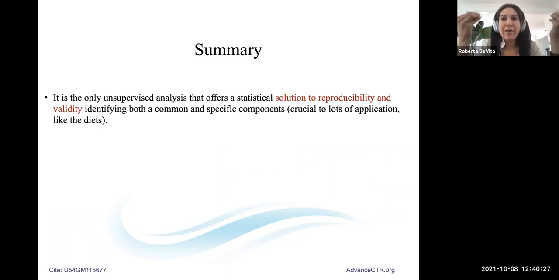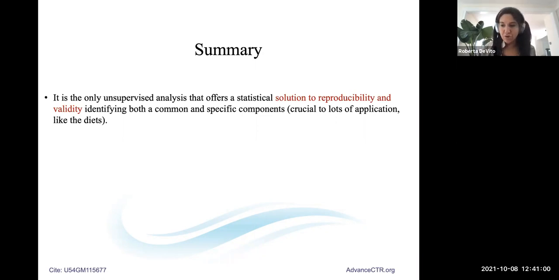And again, we are able to simultaneously estimate these common and also study-specific components that both can be important in many different applications. We have seen genomics, we have seen diet, but in all of these applications, sometimes it was important to estimate just the common component and remove the study-specific one that lacks cross-study reproducibility.